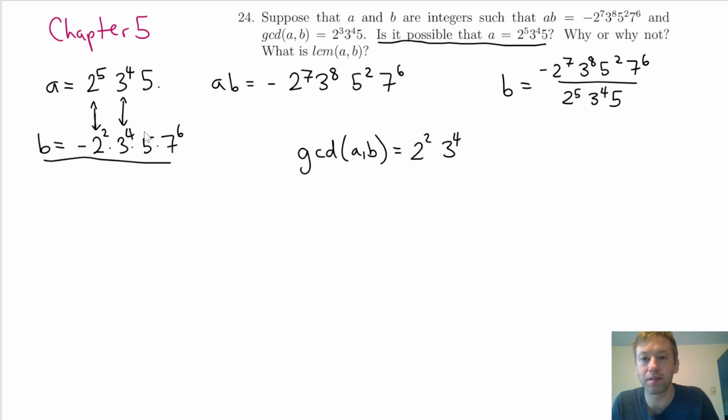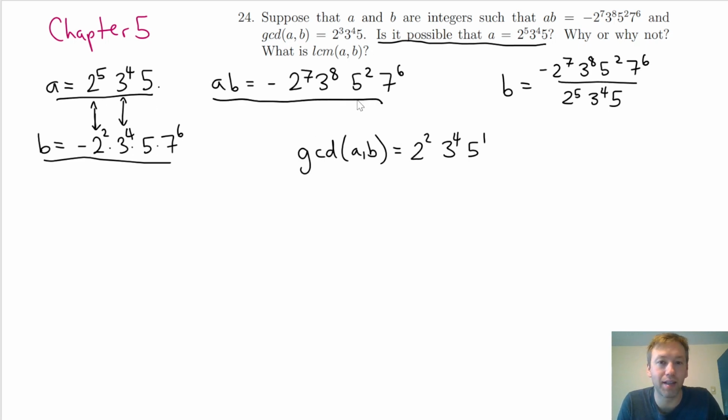Take the number 5, take the smallest exponent, which is 1, so 5 to the 1. And then 7, well, there's no 7 up here, so it's 7 to the 0. So if a was equal to this, and a times b is equal to this, then the GCD is 2 squared, 3 to the 4, 5 to the 1, which is not this number, right? So the answer is no to the first part of this question.